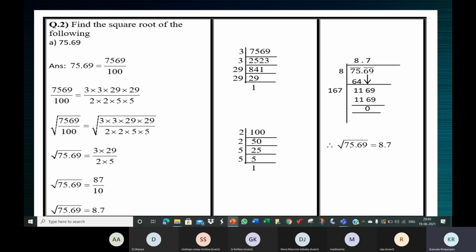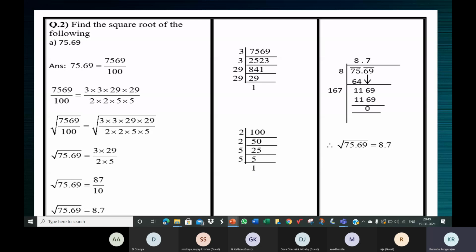Children, I think we need help with this one. Please ask me questions. Meaning, wherever you're finding it difficult, let me help you there. First, convert the mixed fraction to an improper fraction. Then you should find the square root of the numerator and the denominator.